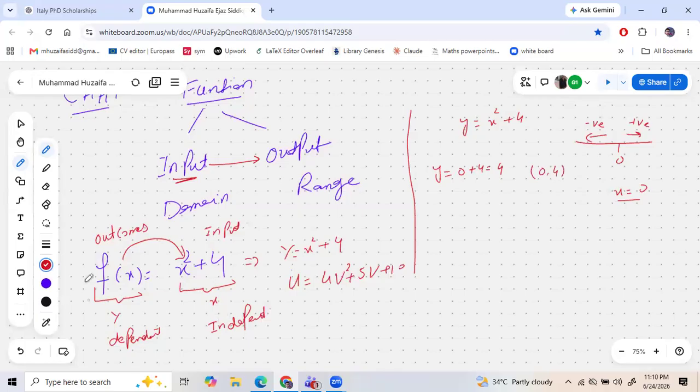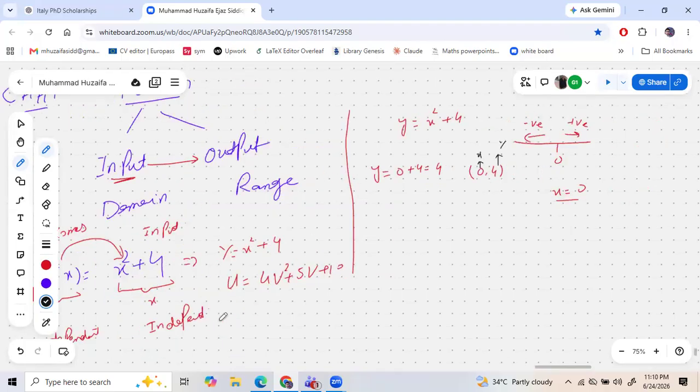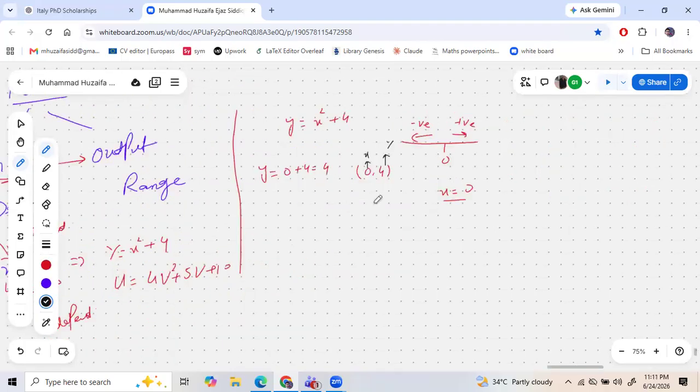And you already know that in an ordered pair the first one is x, and the second one relates to y. Then again, if we put x is equal to 1, our y is equal to 1 square plus 4 is equal to 5. So our ordered pair is 1 and 5.